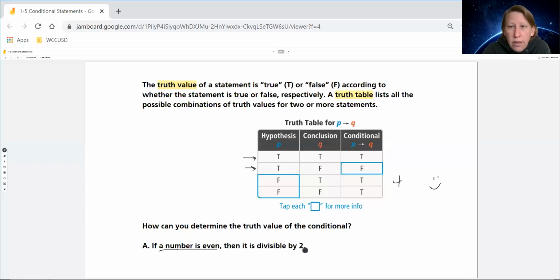Yes. 8 is even. Is it divisible by 2? Yes. 20 is even. Is it divisible by 2? Yes. Okay, if you cannot come up with something where the number is even and it's not divisible by 2, then this statement is true. All even numbers are divisible by 2. This is always true.